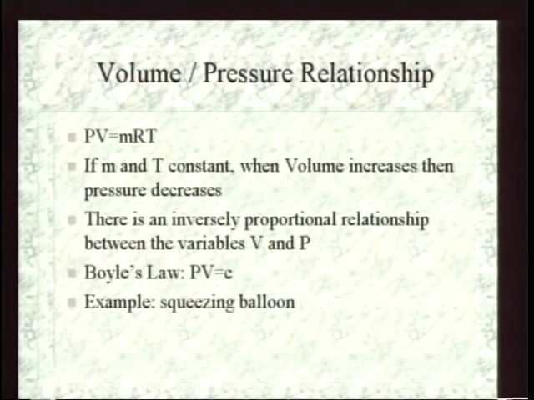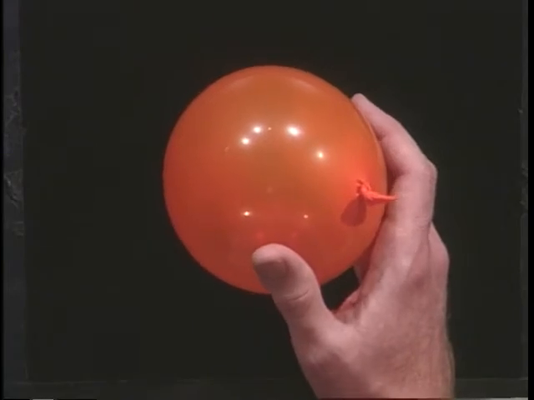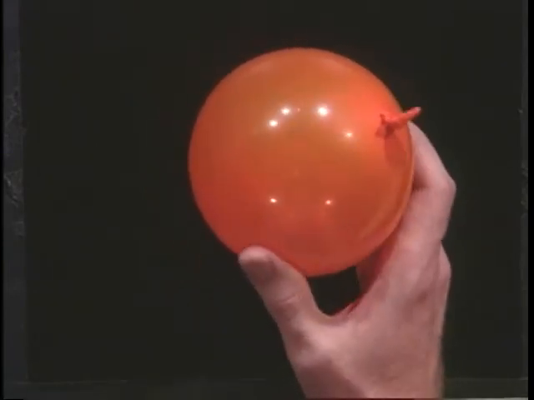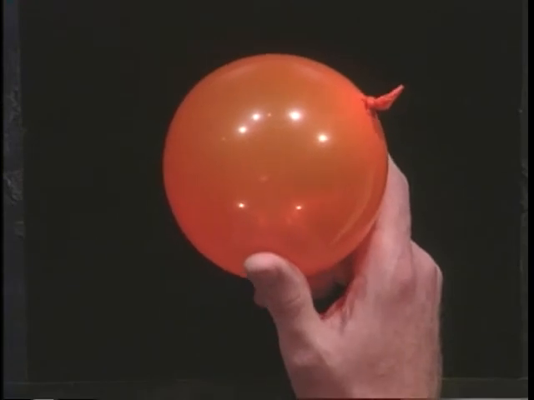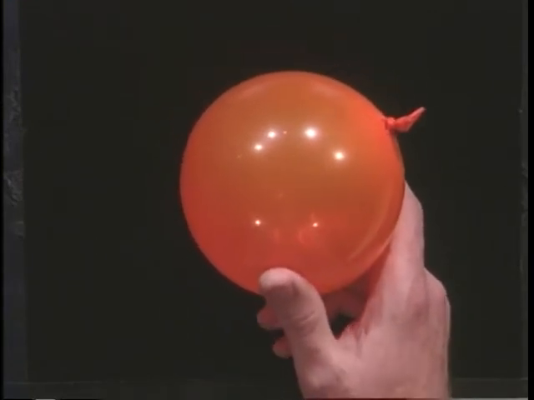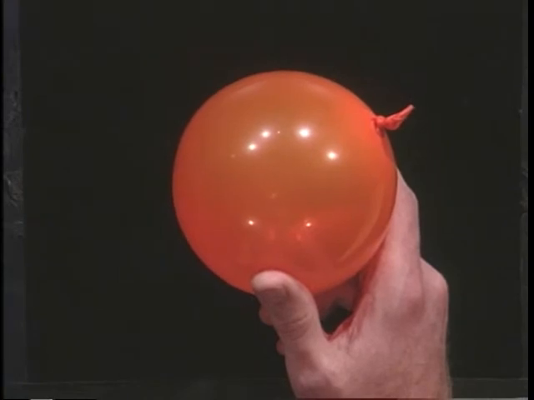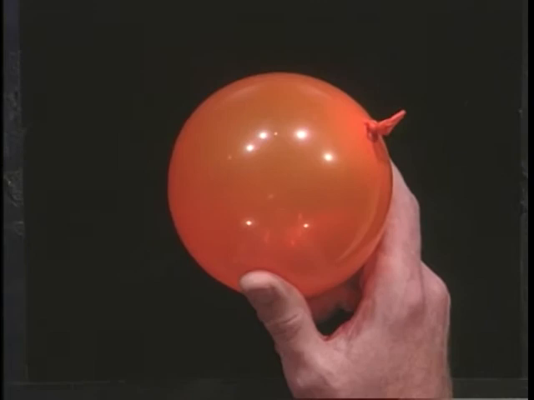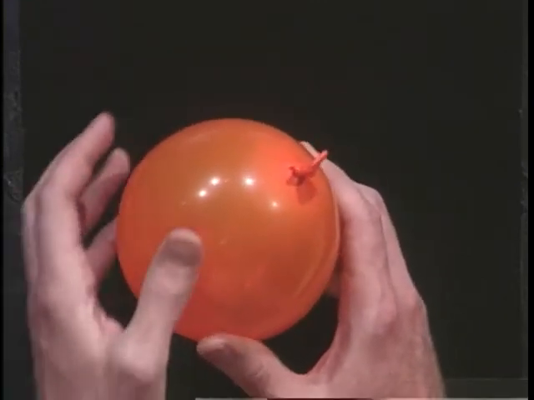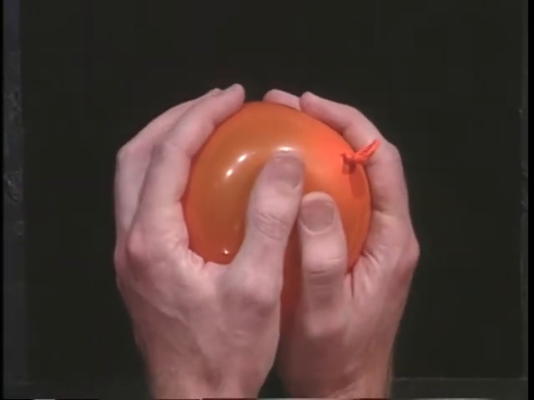An example of this is squeezing a balloon. And we'll go to the overhead, and I'll demonstrate this process. I have a balloon here. It has a constant temperature and a constant mass inside this balloon. And what I'm going to try to do is change the volume of the balloon. I'm going to try to make the volume decrease by pressing on the balloon.